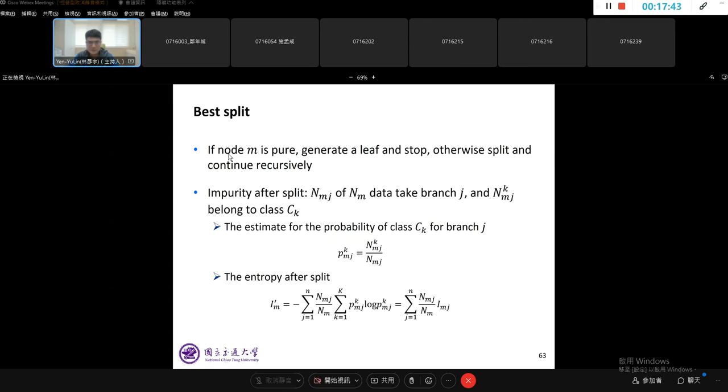If node M is not pure, we need to split. We need to split the data set and continue the process recursively.